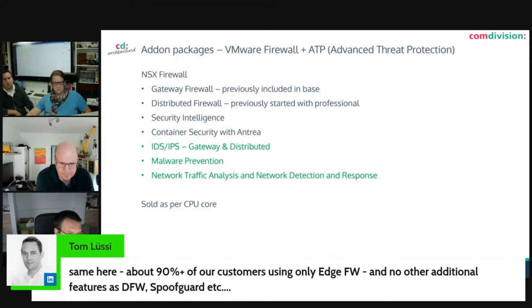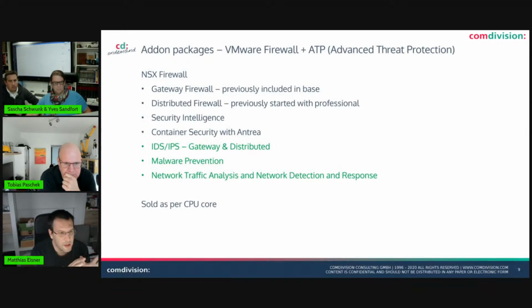So covering IDS IPS, as far as I understand the new model, there is a change in licensing, not just because it's not per CPU core based, but if I remember correctly, please correct me if I'm wrong. Previously, you had the ability to license gateway IDS IPS on a per tenant basis.